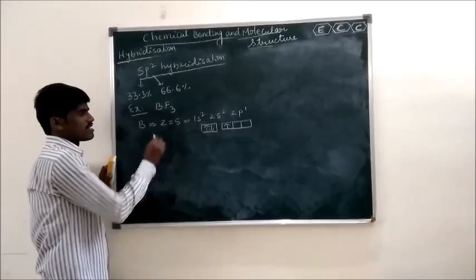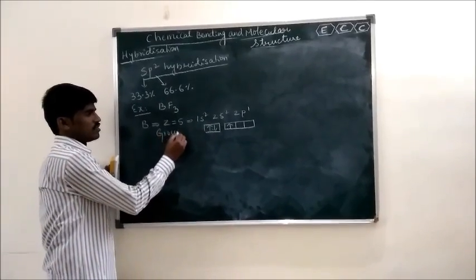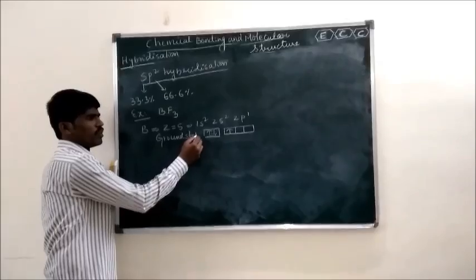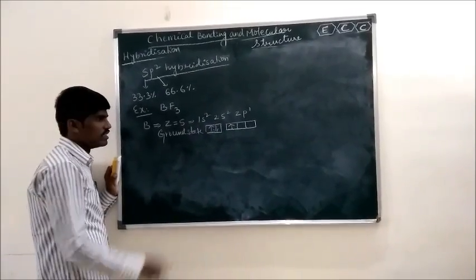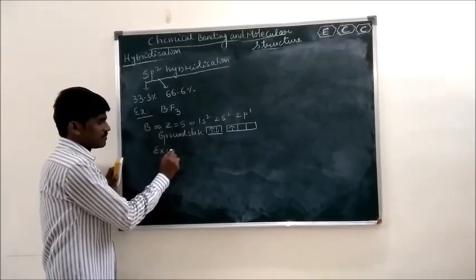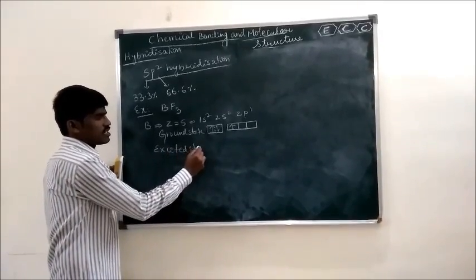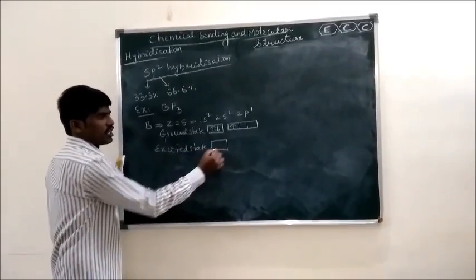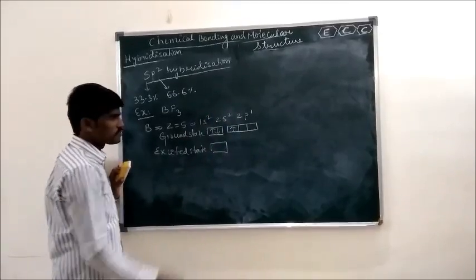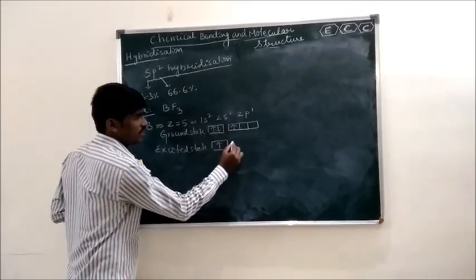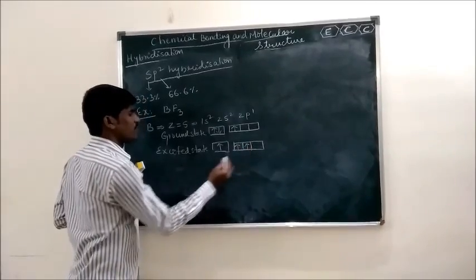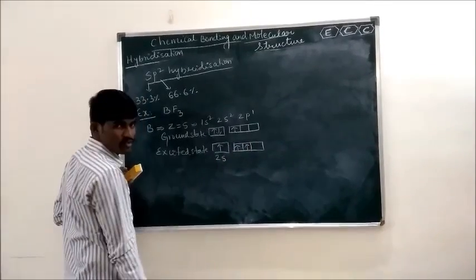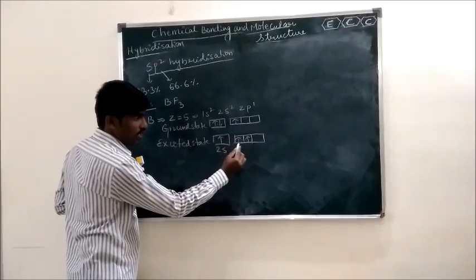2s has 2 electrons while 2p has 1 electron. What does it indicate? In the ground state, boron can form only one bond because only one unpaired electron is present. In the excited state of boron, one electron is promoted to 2p, so 2s becomes 1 and 2p becomes 2. Now there are 3 unpaired electrons, one in 2s and 2 in 2p.